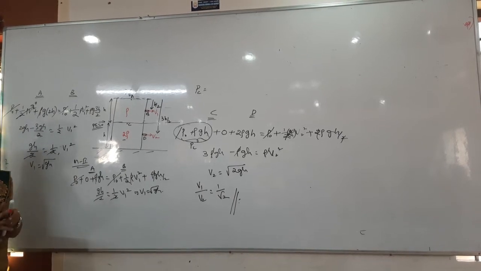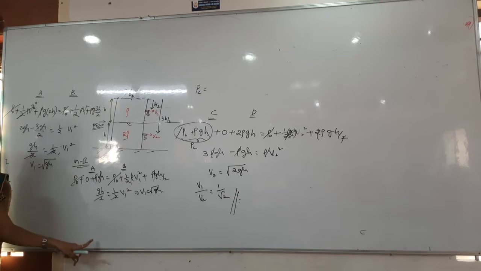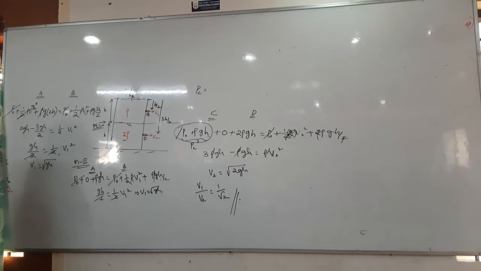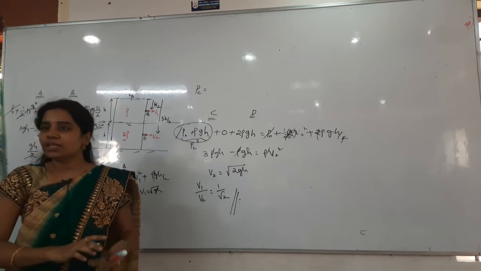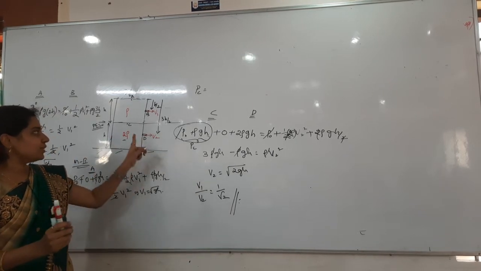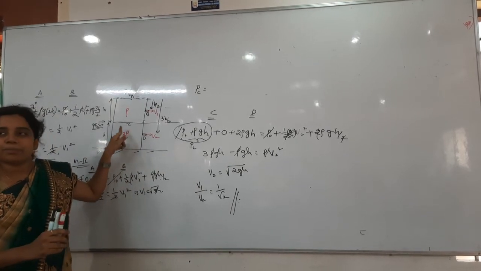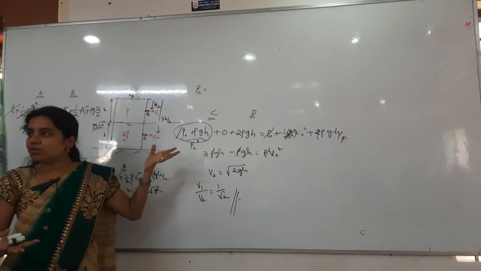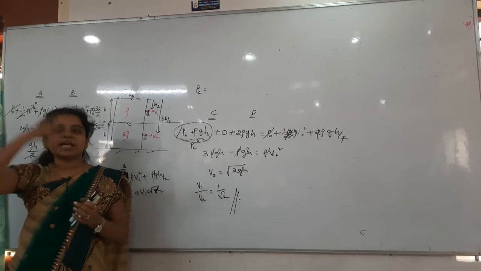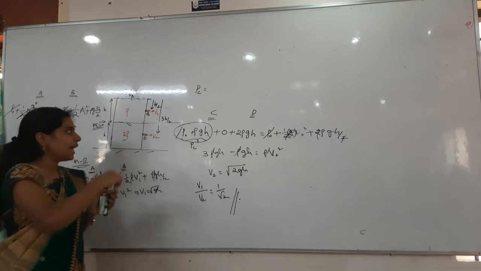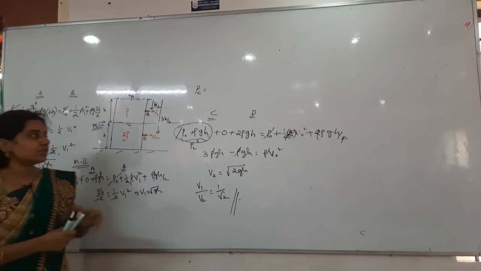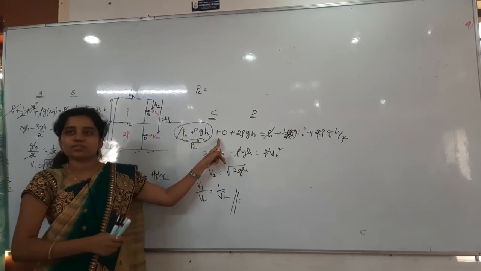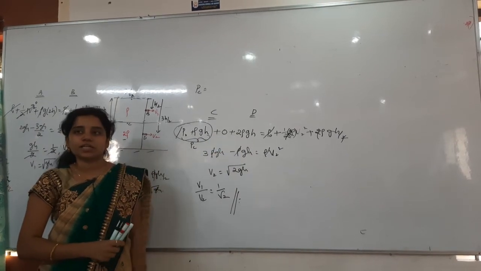So you can consider the zero level anywhere and you can get the answer. Also, the main thing is that Bernoulli's theorem will be applied only for a single liquid. And one more confusion point is point C. For point C, what is the pressure? By Pascal's law we know the pressure is P naught plus the height of the water column. Here the column is of rho liquid, so it is rho G into H. Next, this is the potential energy.